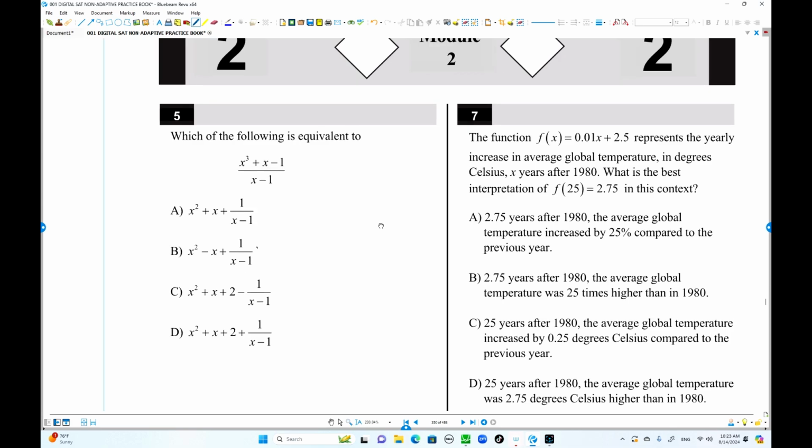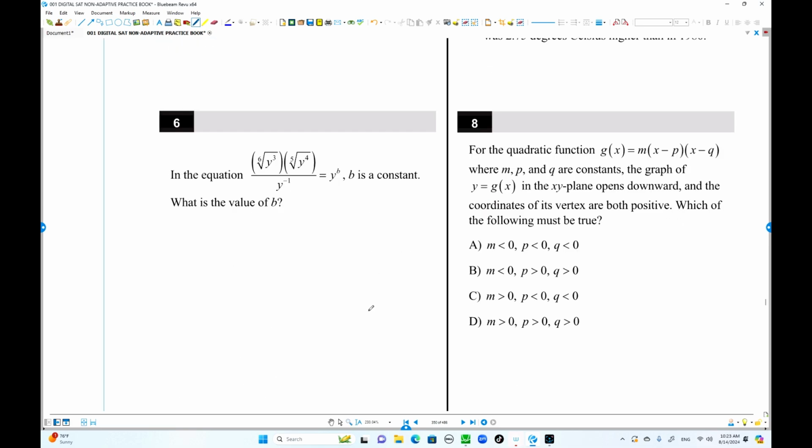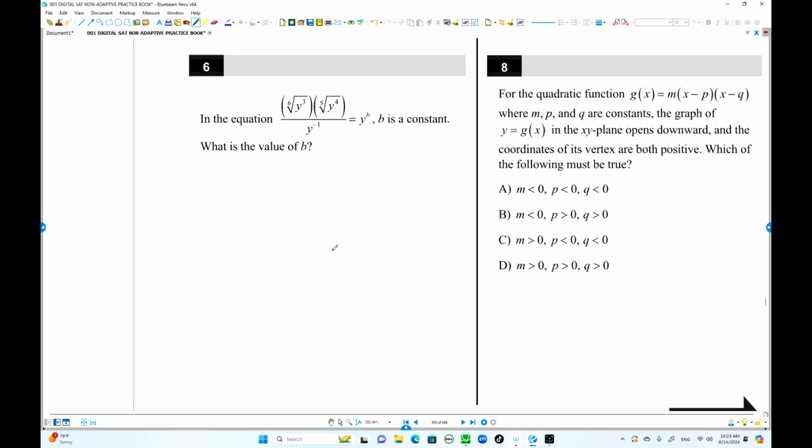Move on to number 6 here. You have radical equations, okay? Actually, a rational radical equation. When you simplify this left-hand side, it is expressed in this way, y to the b, okay? So now let's simplify the left-hand side.